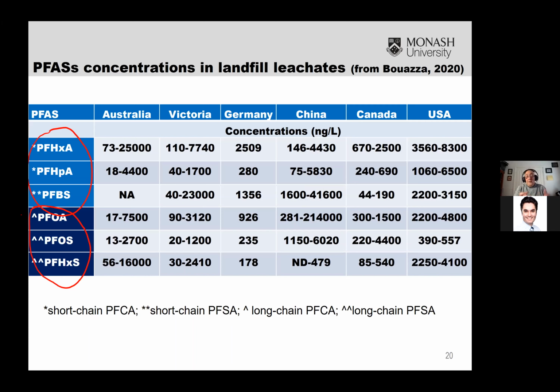But in general, the trend we see here stems from three facts. The first one, the PFAS manufacturers started to phase out the production of these long carbon chain PFAS once, of course, they were added to the list of regulatory substances.